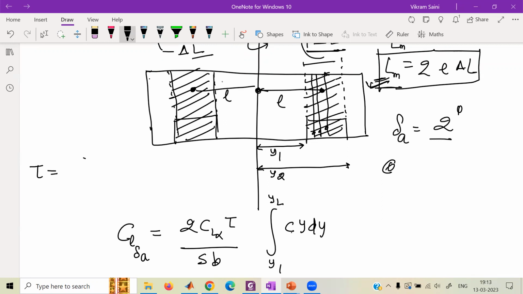How did we define tau? Okay. It was defined as d alpha over d delta aileron.